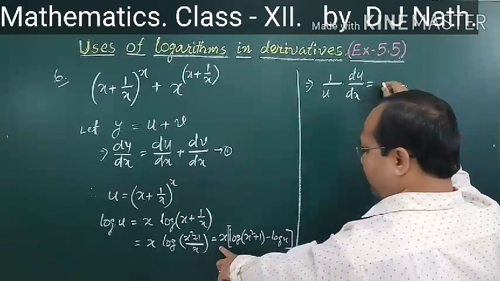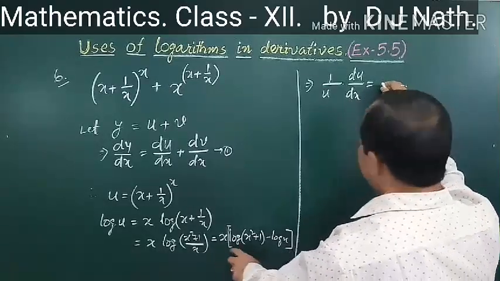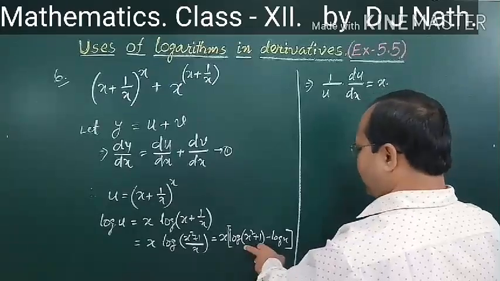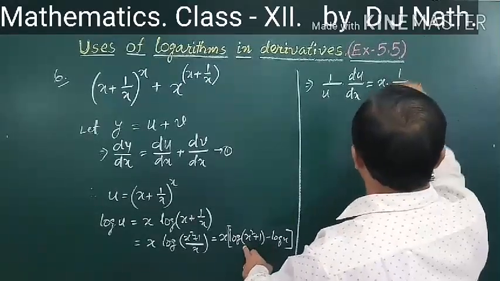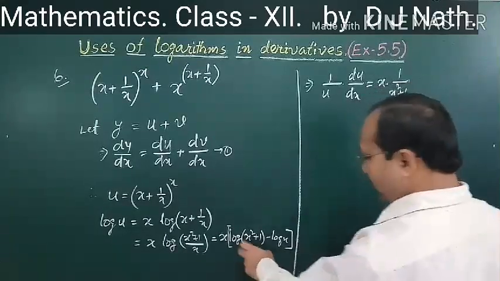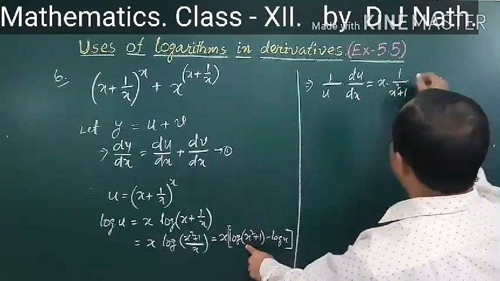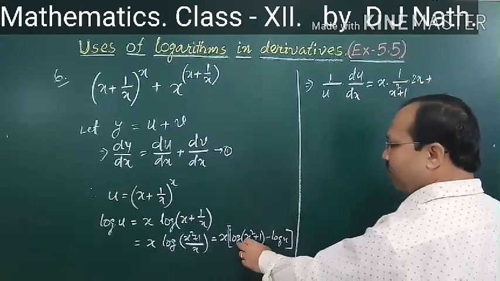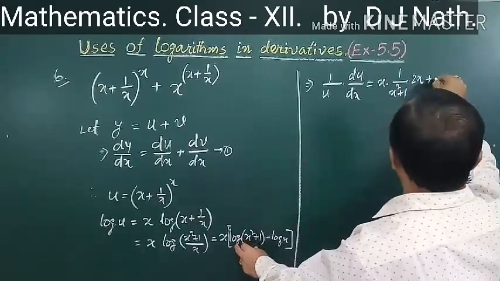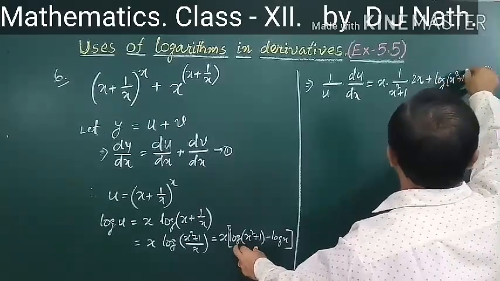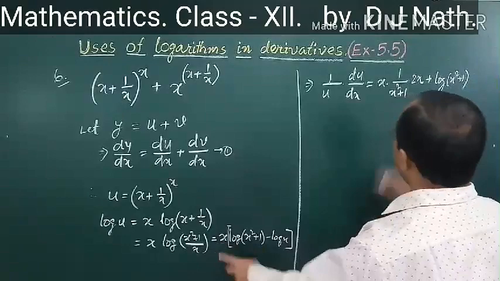So it will become x into 1 by (x square plus 1) into the derivative of (x square plus 1), which is 2x, plus log of (x square plus 1) into the derivative of x, which will become 1.